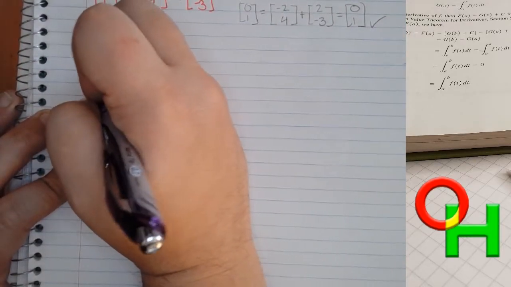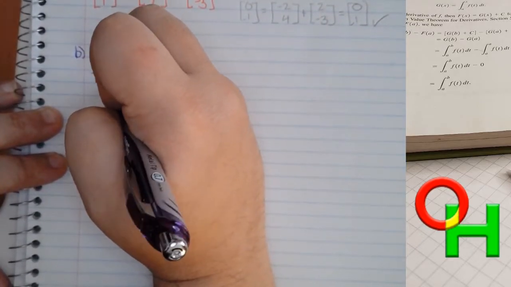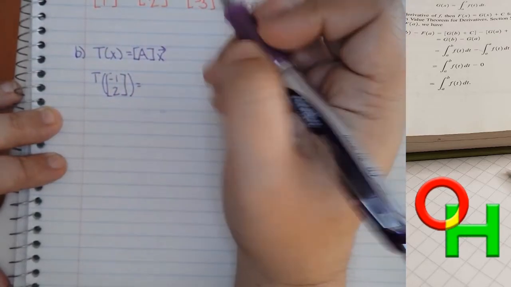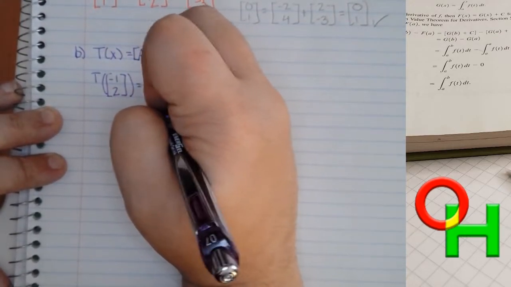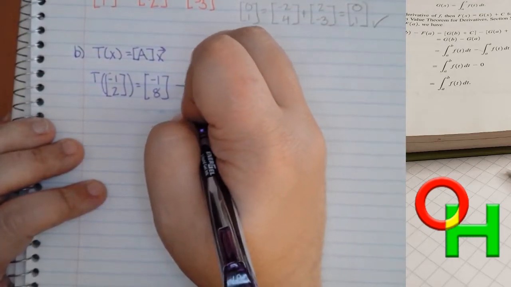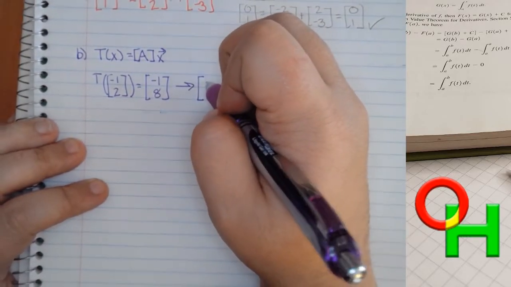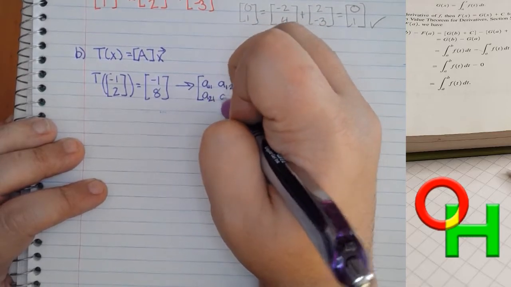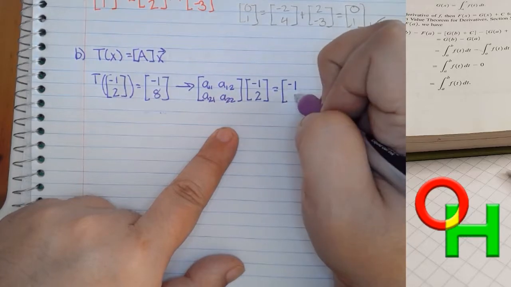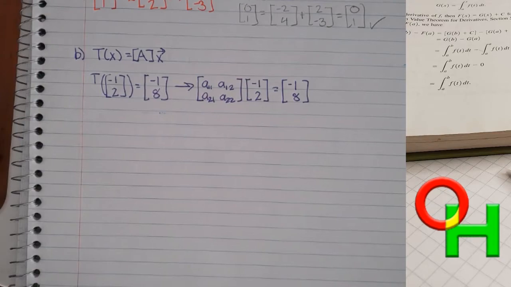So if I know that T of (-1, 2) equals (-1, 8), there's some matrix A that I can multiply (-1, 2) by to get (-1, 8).